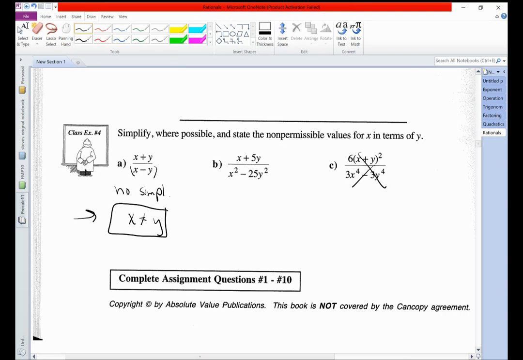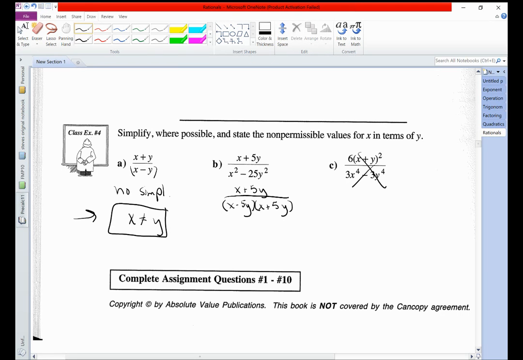So what we can do here is we can simplify that with difference of perfect squares. So we can change that to x minus 5y and x plus 5y.